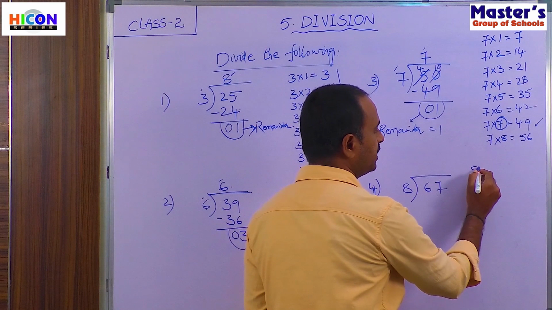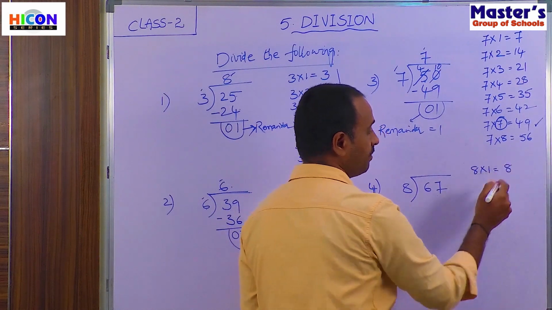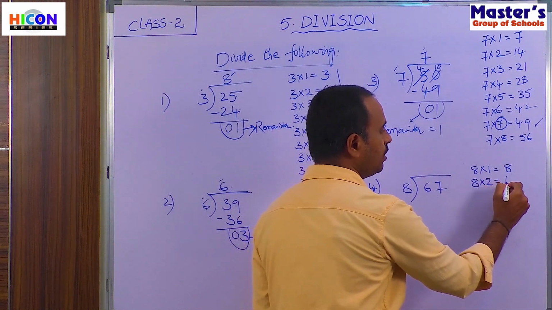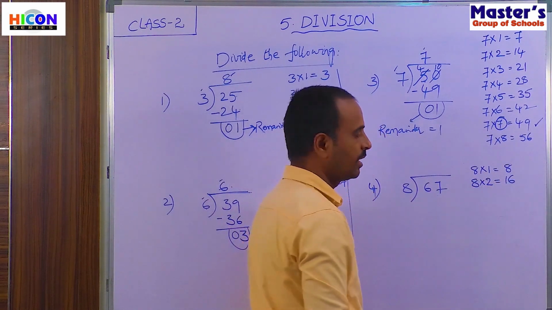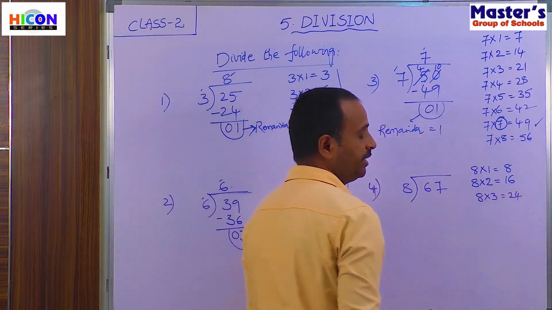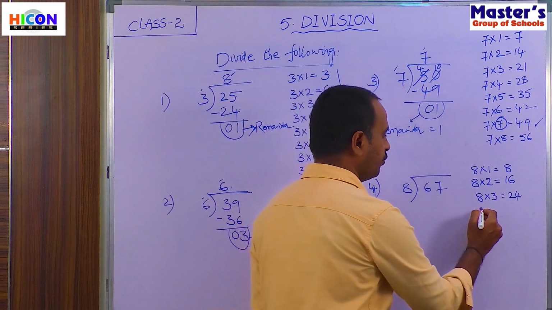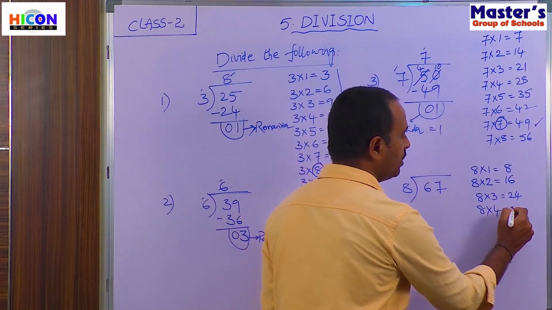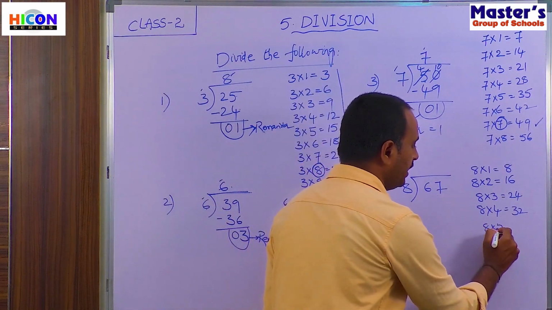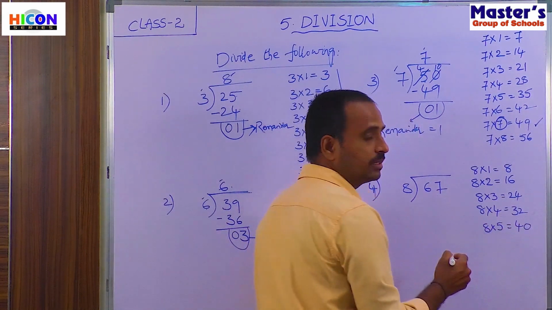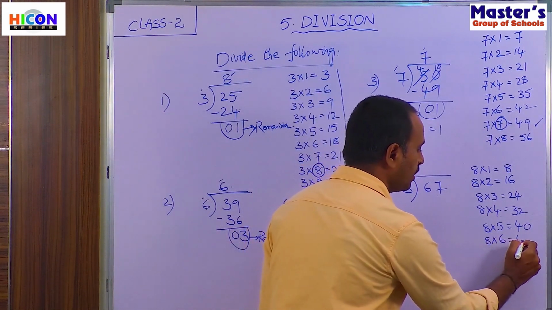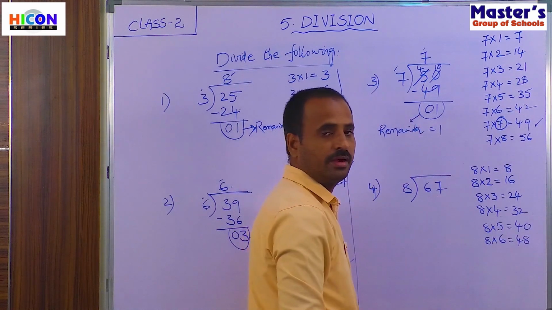So take 1 time, that is 8 ones or 8, and take 2 times, that is 8 twos or 16, and take 3 times, 8 threes or 24, and take 4 times, 8 fours or 32, and take 5 times, 8 fives or 40, and take 6 times, 8 sixes or 48, and take 7 times.